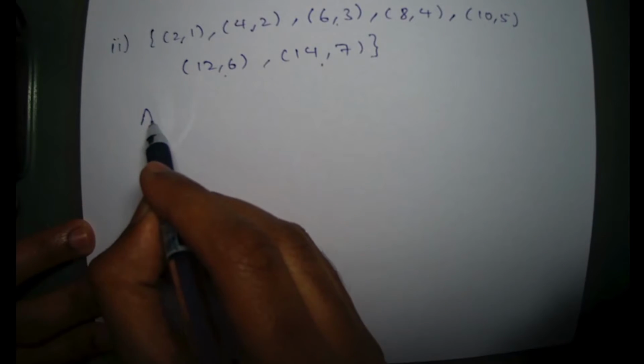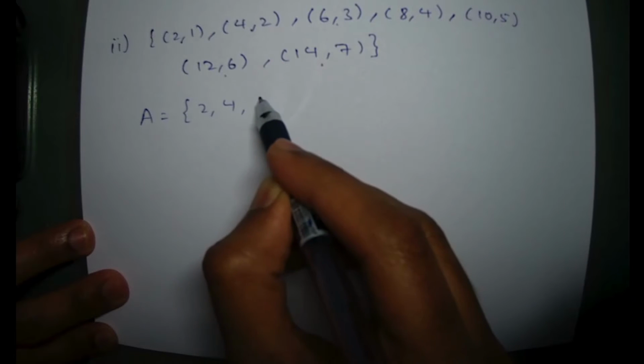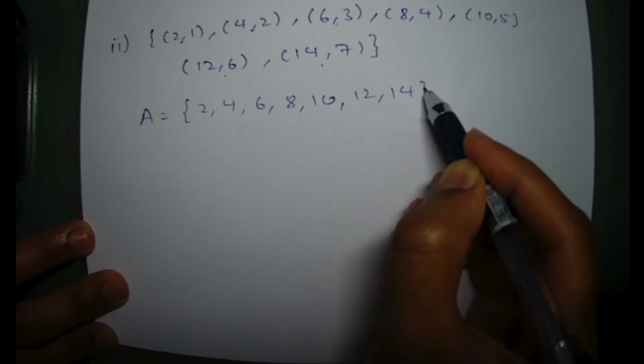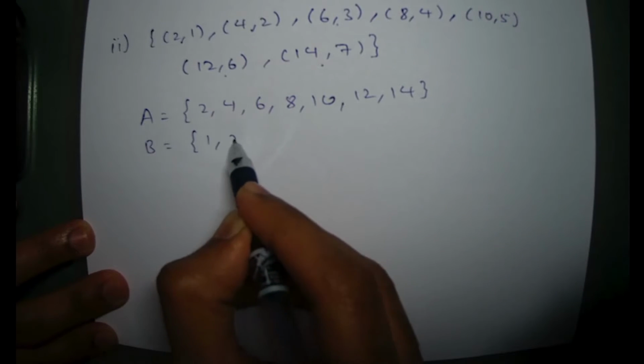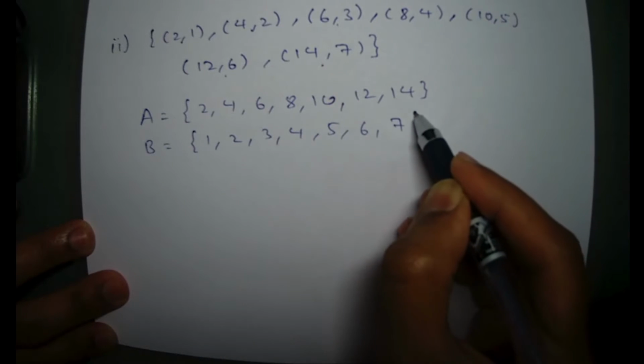So we'll write down set A again with all x terms, that is 2, 4, 6, 8, 10, 12 and 14, and we'll write down set B with all the y values, that is 1, 2, 3, 4, 5, 6 and 7.